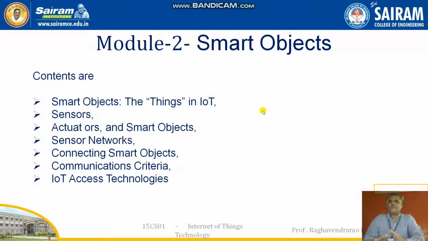Now the data is getting collected and all the information is going to be stored. After that, where it is going to be forwarded, the action has to be taken for that. So communication of smart objects is going to be seen. Then there are many criteria, and we want to see those also. And finally, the access technologies for IoT.